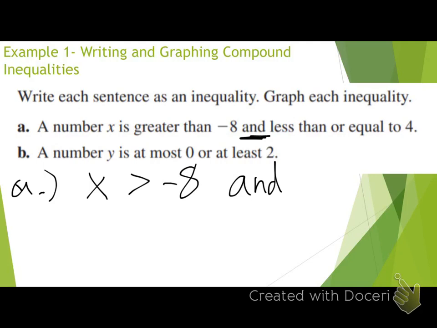What would that look like? Do you think my variable changes at all? No, so what's my variable? X. Less than or equal to 4. There's my compound inequality. X is greater than negative 8, and x is less than or equal to 4.